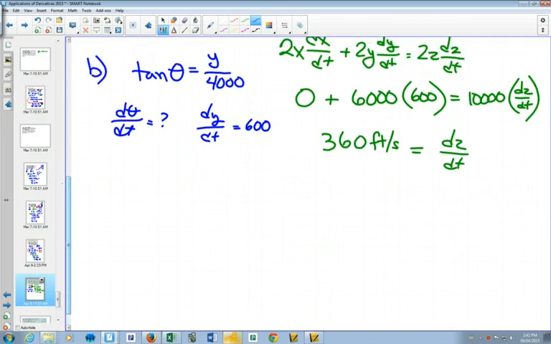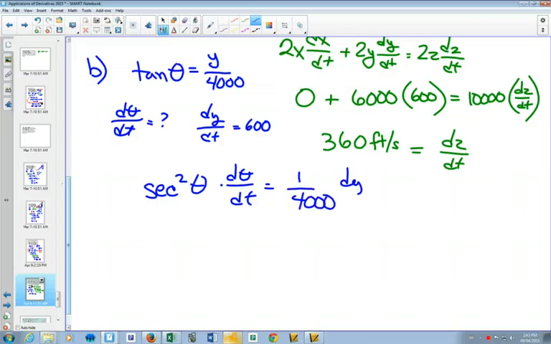So if we take the derivative with respect to time of both sides, what is the derivative of tan? Is it minus secant squared or just secant squared? Just secant squared. So secant squared theta, d theta dt, because it's chain rule. And over here, we're going to get 1 over 4,000 dy dt.